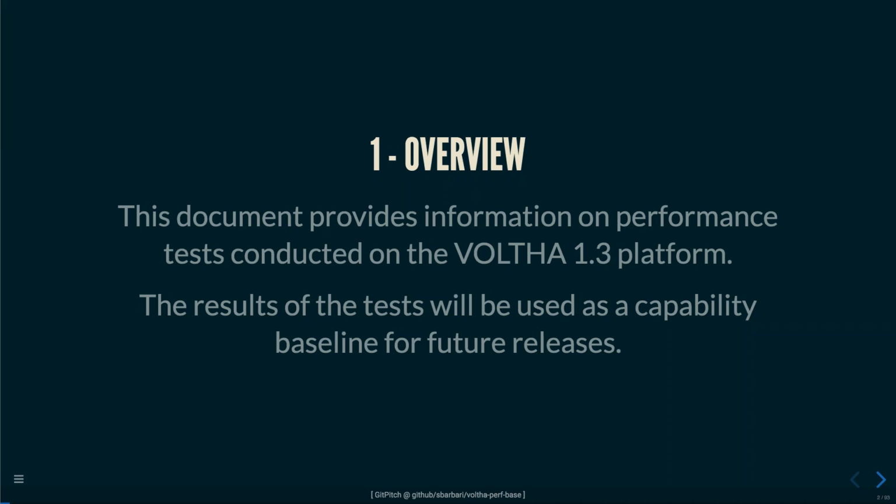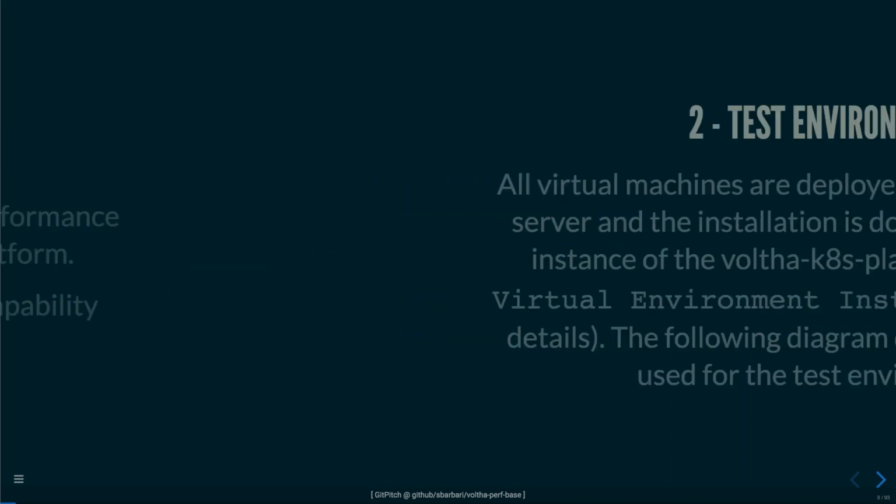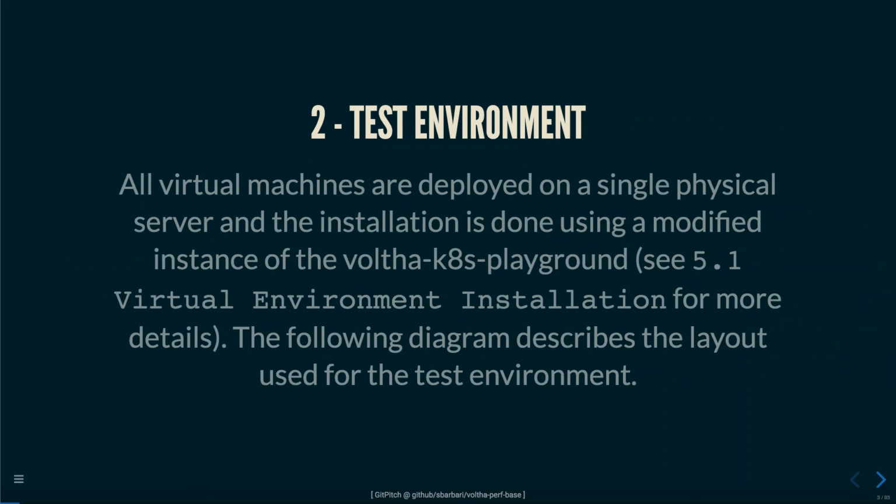So I have defined a number of test scenarios, and all tests have been run on a single physical server on which I have deployed the latest Kubernetes release, which is 1.9.5, and I use the Volta Playground, which I made available a few months ago, to deploy the environment.